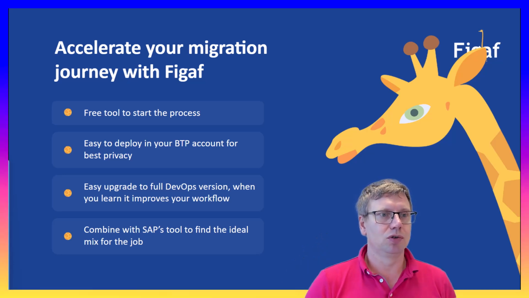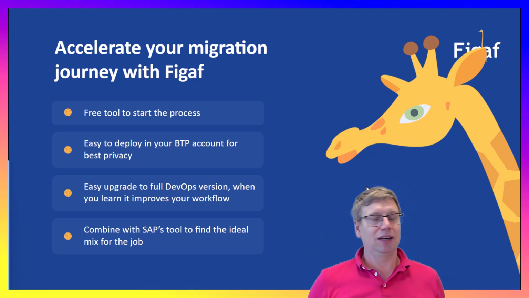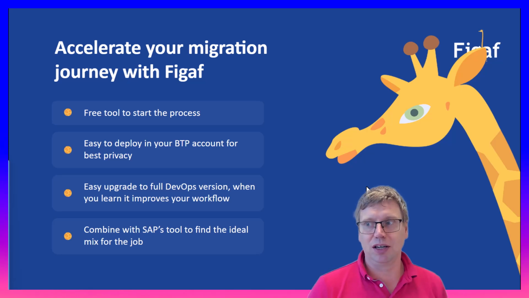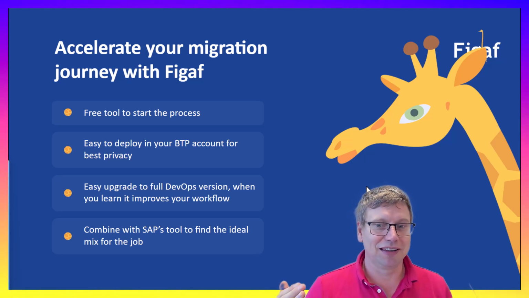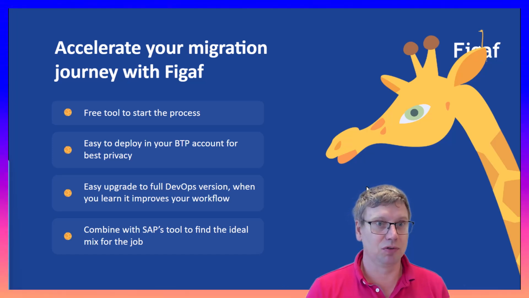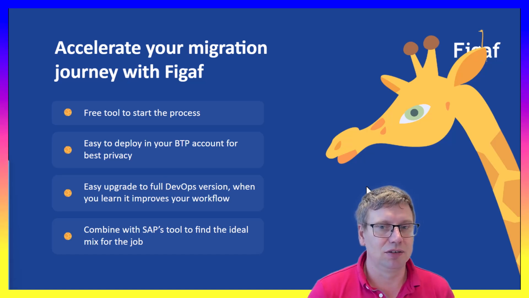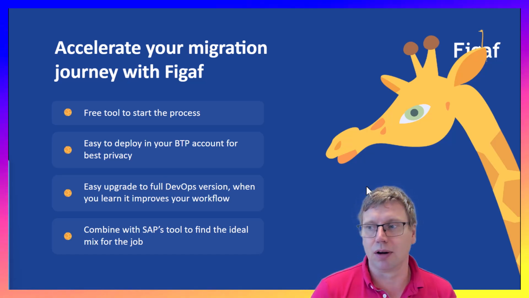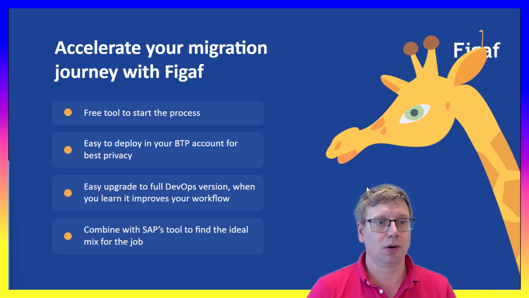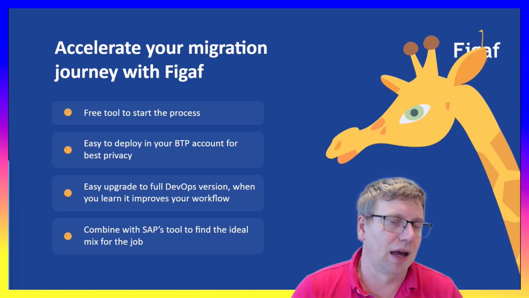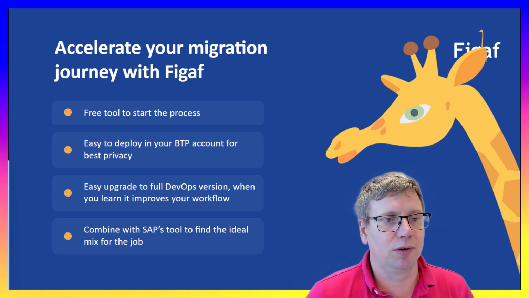Why do you want to use the Figaf tool in your migration journey? It is free to start using the tool in your migration journey. And this, being close to free, has a lot of value, making it a lot easier for you to get started, deploy, and run it. It's easy to deploy it in your BTP accounts and use the credits for that.